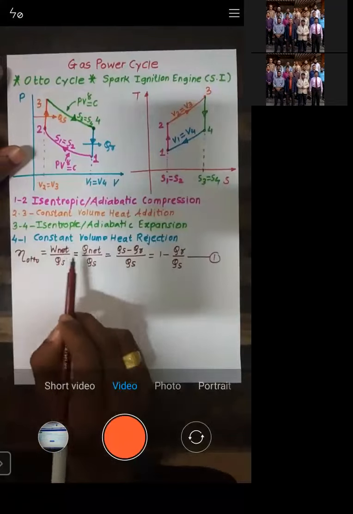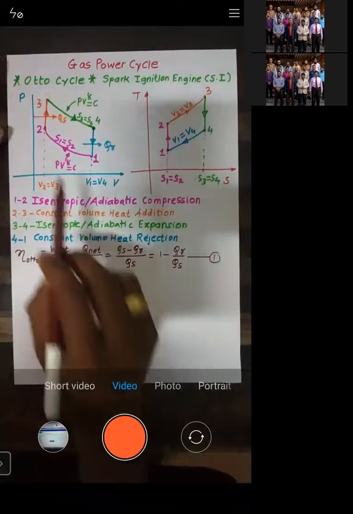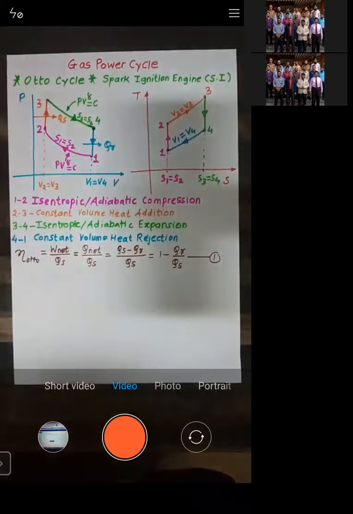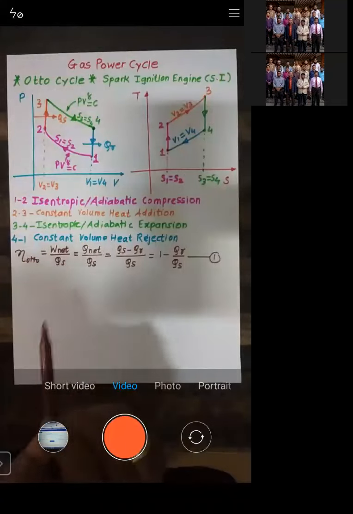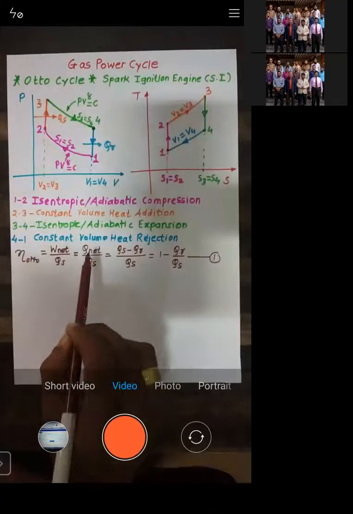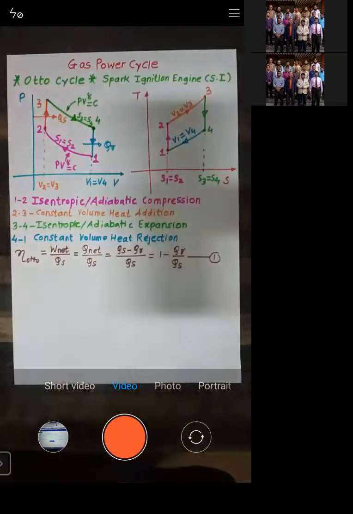Now what is net work? It is equal to Q net upon heat supplied, because this system executes a cycle. Whenever it's a cycle, summation of heat transfer is equal to summation of work transfer. That is what the first law of thermodynamics says. So W net is equal to Q net upon heat supplied. Now what is net heat? It is heat supplied minus heat rejected, upon heat supplied. So it becomes 1 minus QR by QS.